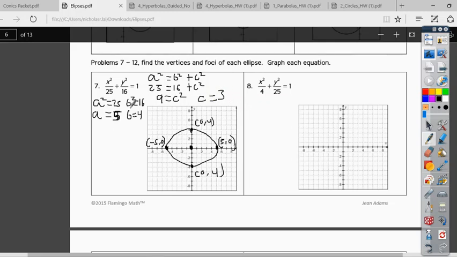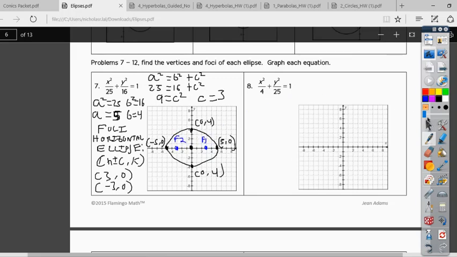And so the foci of a horizontal ellipse, at least, are going to be h plus or minus c comma k. So this is going to be 3, 0 and -3, 0. So our foci are going to be right here, F1, F2.